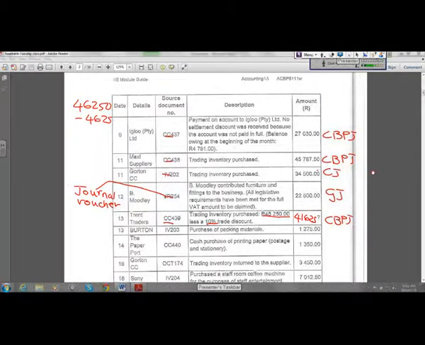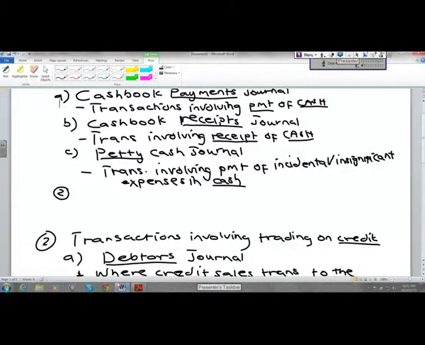So we've got 8 books in which we have to record transactions. Every transaction that we come across must be recorded in one of these 8 books. This helps us in the decision-making process to see in what book we're going to record it.